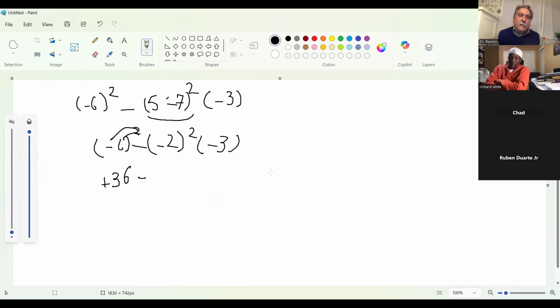You start from the parentheses, but we always start from left to right. Oh, gotcha. You always start with the parentheses, regardless of where it's at. Yeah, and then here is minus 2 to the power of 2. Minus 2 times minus 2 is again plus 4. And then times minus 3.